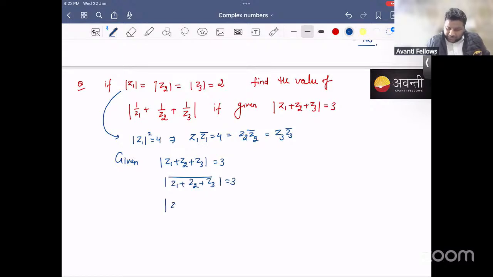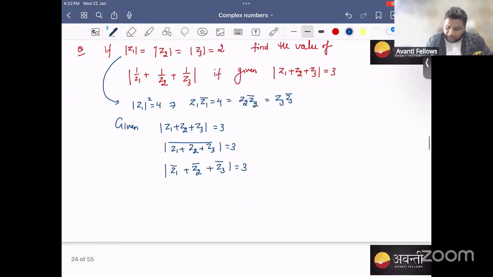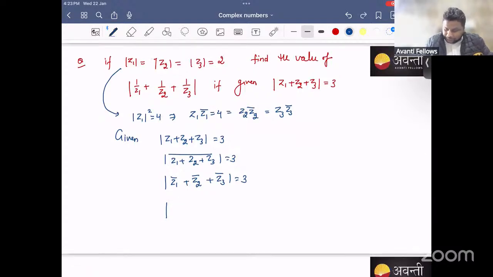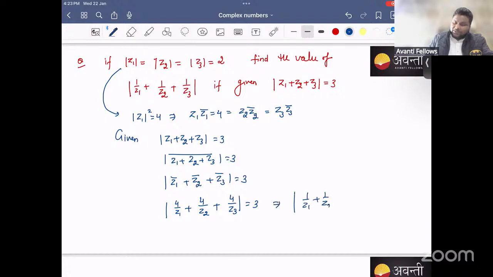That means magnitude of Z1 conjugate plus Z2 conjugate plus Z3 conjugate is also 3. All directly derived from the properties of conjugate. Now this Z1 conjugate can be replaced as 4 by Z1, plus Z2 conjugate, again 4 by Z2, plus Z3 conjugate, again 4 by Z3, is given as 3. That means magnitude of 1 by Z1 plus 1 by Z2 plus 1 by Z3 is 3 upon 4.